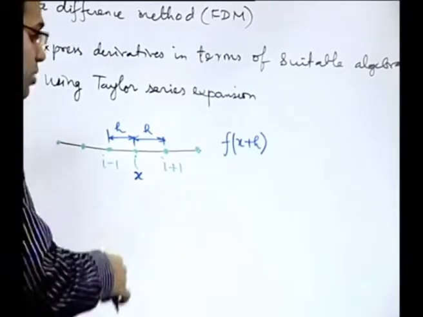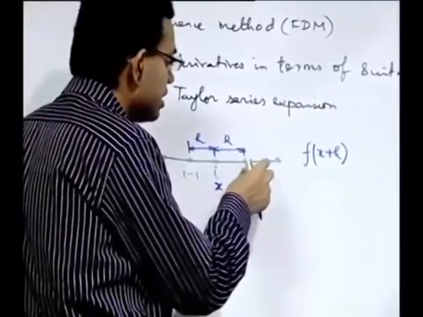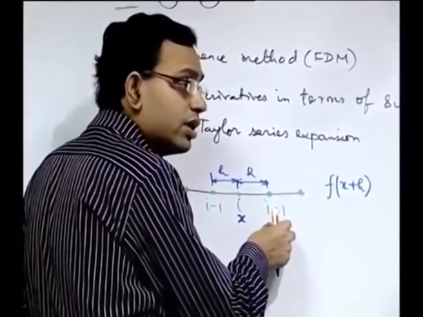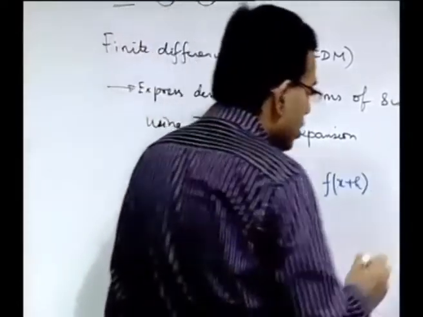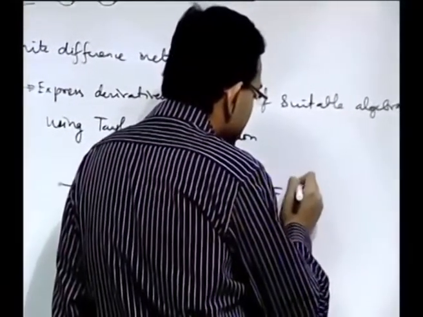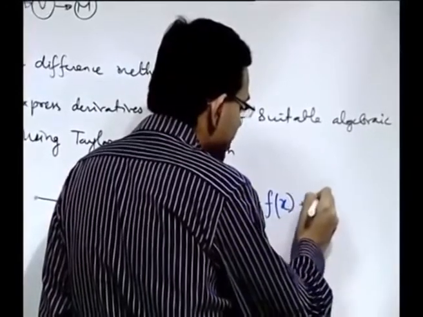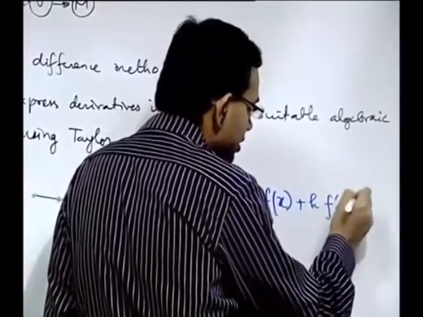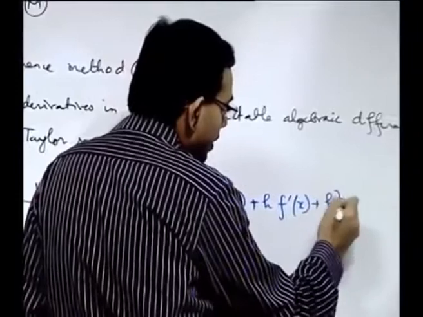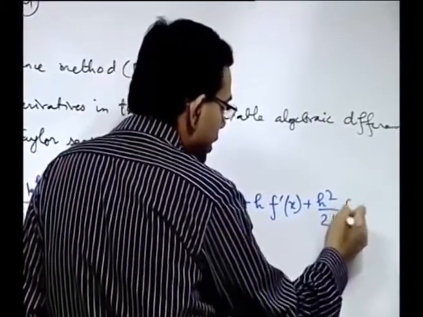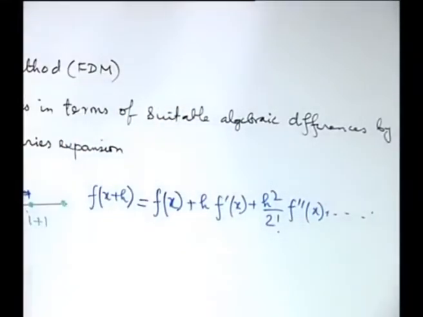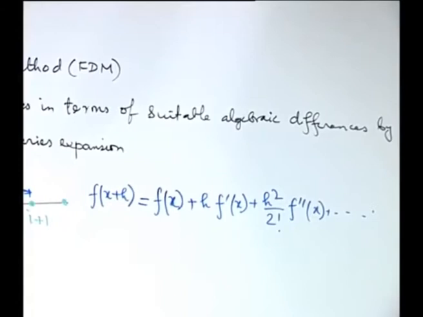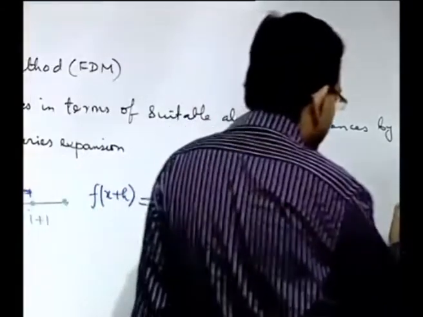That is, we are interested to express the value of the variable at I plus 1 grid point in terms of the variable at I grid point. So f x plus h is equal to f x plus h f dash x plus h square by factorial 2 f double dash x, so on. This is the Taylor series expansion. So let us say this is equation number 1.